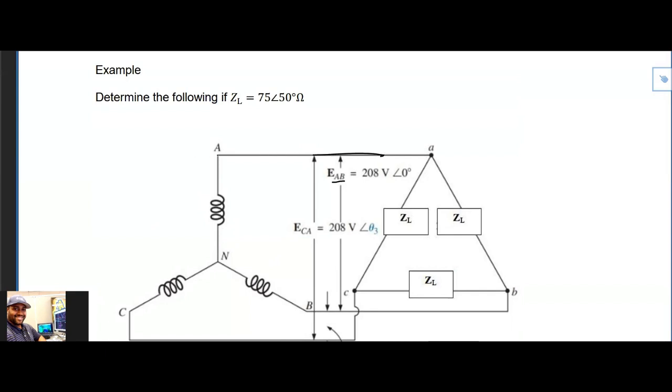This right here is called a line. So this is a terminal right here. These are terminals. And so the current that's flowing through this source right here is the same current that's flowing through the line. But it's not the same current that's going to be flowing through the load because of this delta configuration.